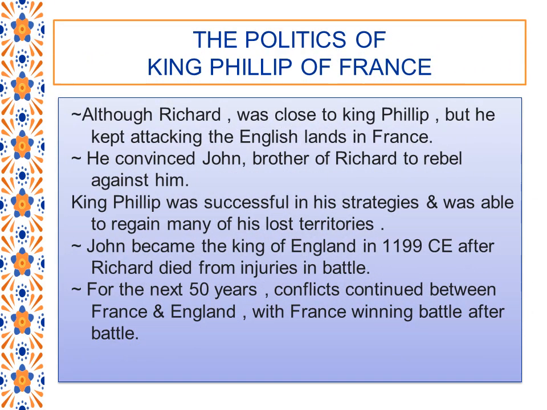Now, the politics of King Philip of France went on. Although Richard was close to King Philip, Philip kept attacking the English lands in France. He did not go to England and fight wars over there, but on his own land, that is in France itself, he kept on fighting against the English king so that he could win back the land which was actually belonging to France, for which he convinced John, the brother of Richard, to rebel against him.